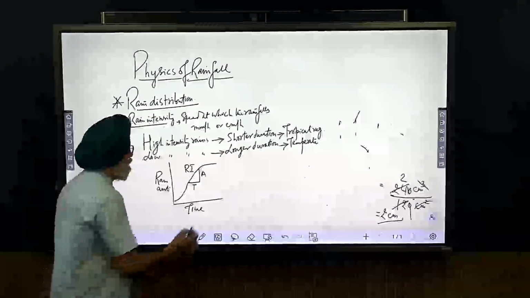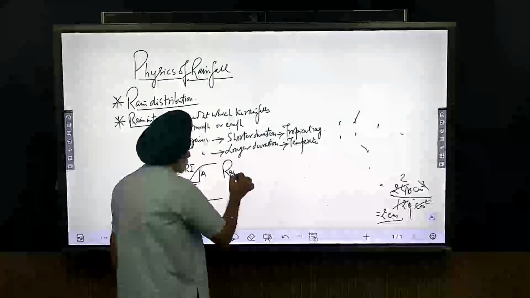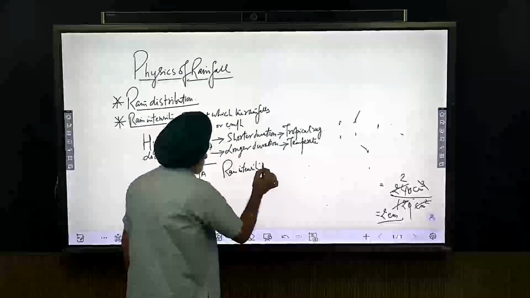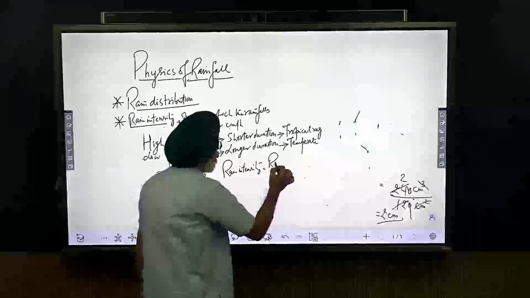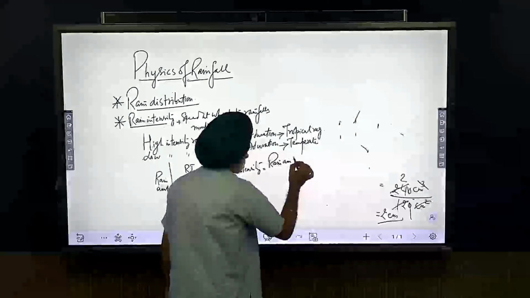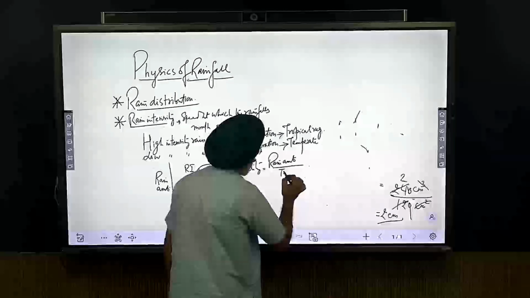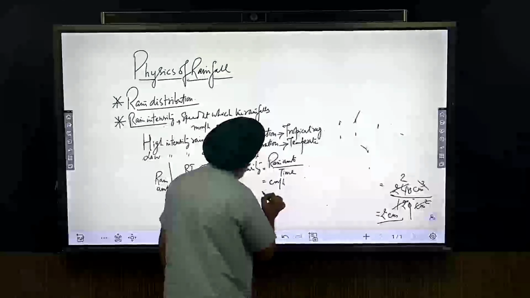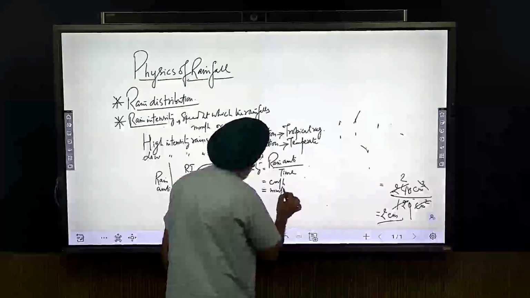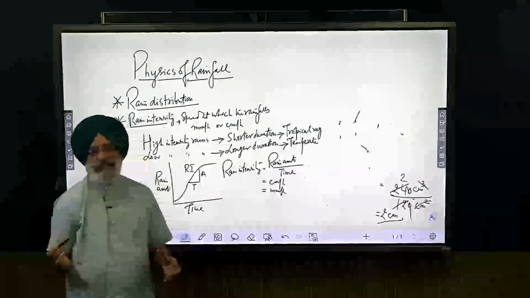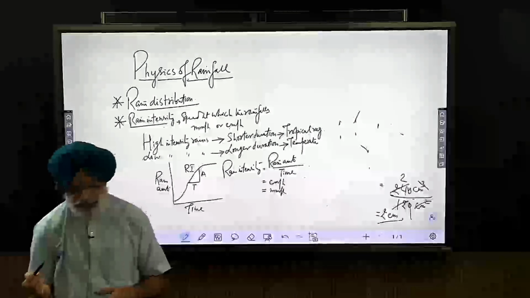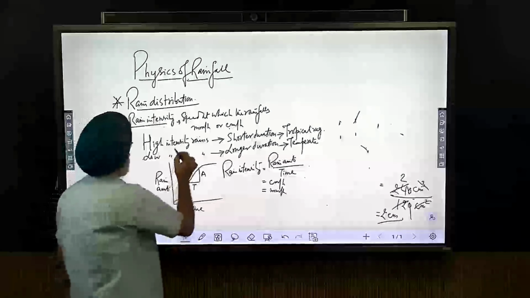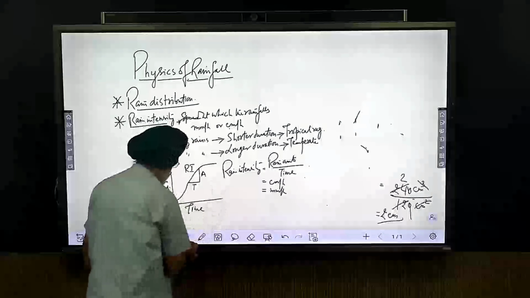So rain intensity is basically rain amount over time, and generally we express this as centimeter per hour or millimeter per hour. So again higher the intensity, more will be the erosivity of the rain. So this is the third parameter.